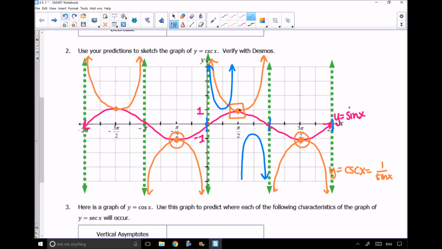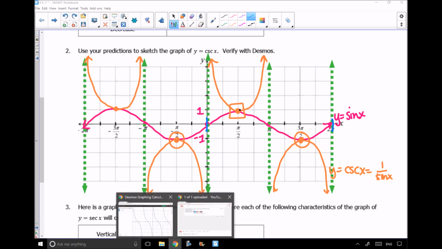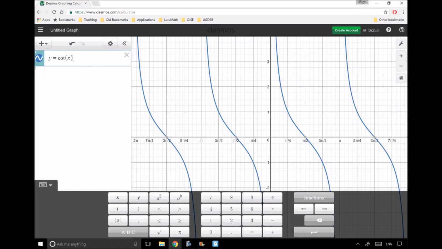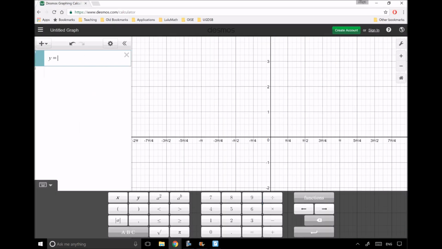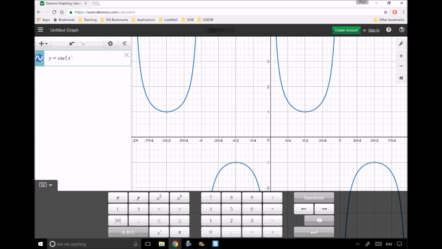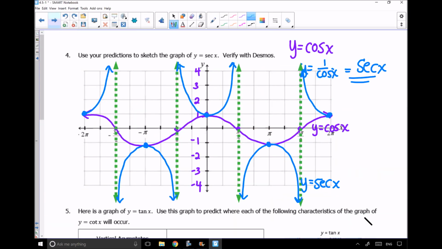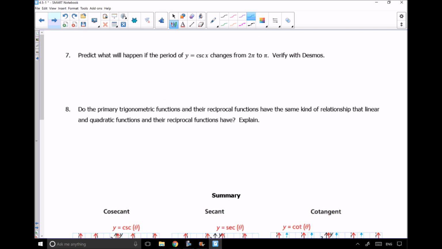So let's just verify to see if this is true on Desmos. So let's go ahead and do that right here. We've got cosecant of x. So we'll put functions right here. We'll say cosecant of x right here. And then if our period switches from 2 pi to pi, that means that we can say, this is good practice right here, our period is equal to 2 pi over k, right?